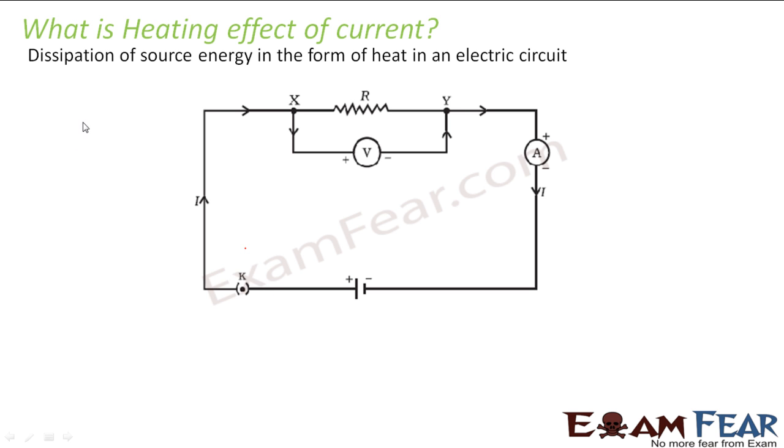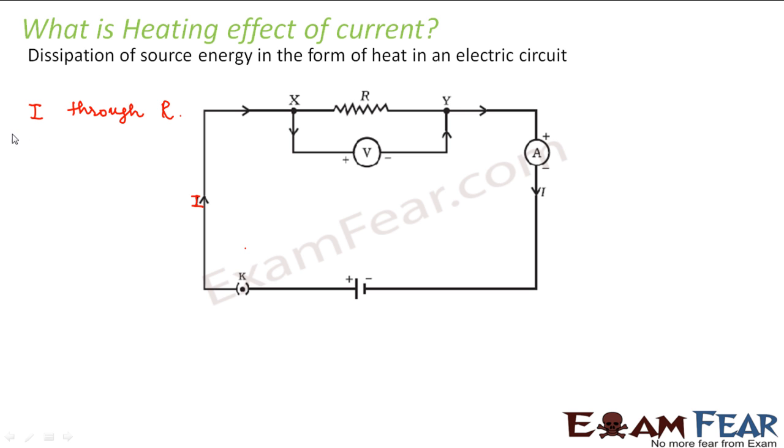Let us consider this circuit and suppose that current I flows through it. When this key is closed, some amount of current I flows through this circuit, through this resistance R, right?